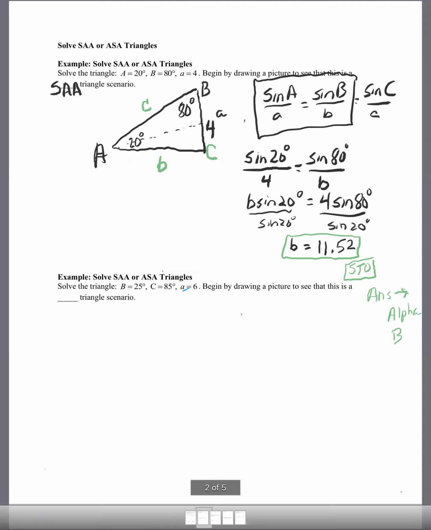Another one of the values we were looking for is angle C. And we actually are in pretty good luck here with angle C, because if you remember, there's 180 degrees in a triangle. So if we take 20 degrees, which is angle A, we add that to 80 degrees, and we add that to the mystery angle C, that total should be 180.